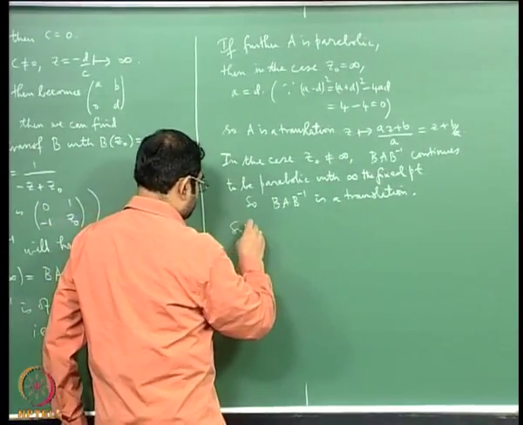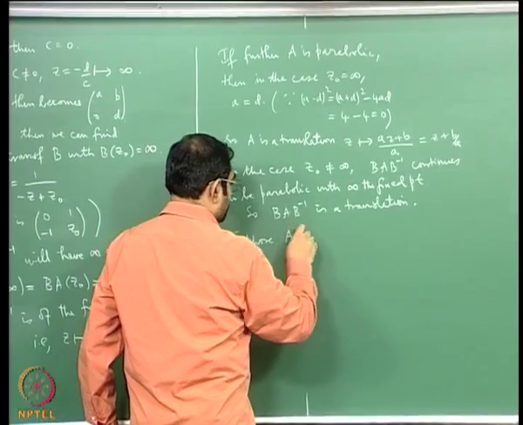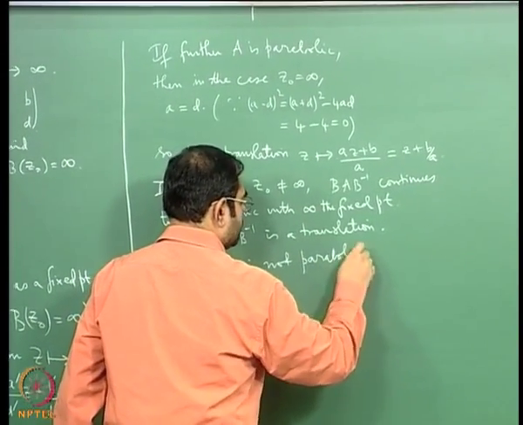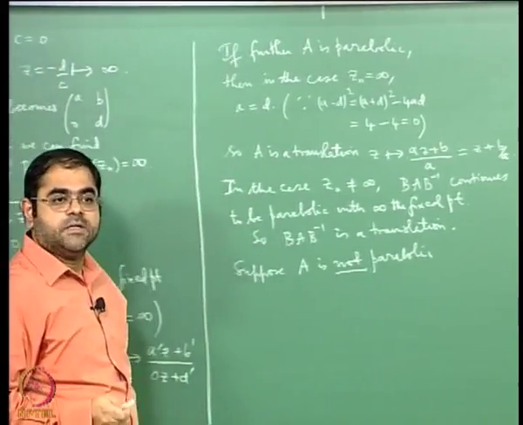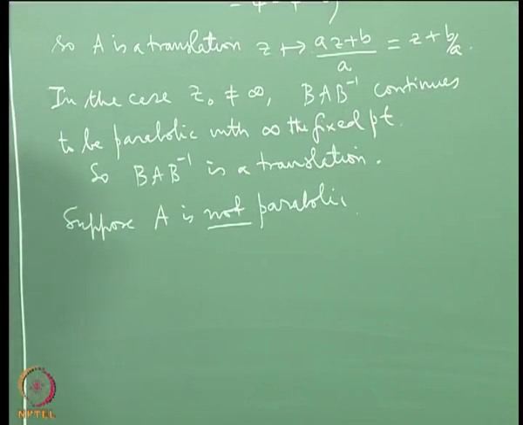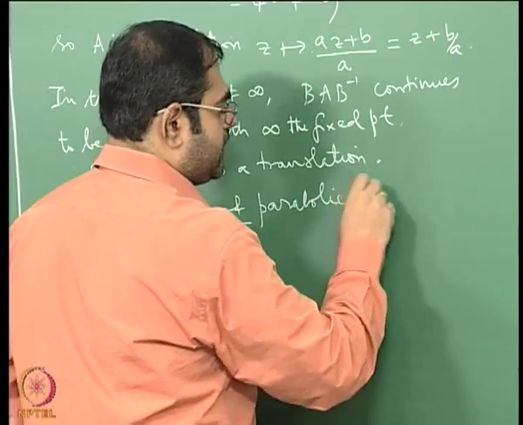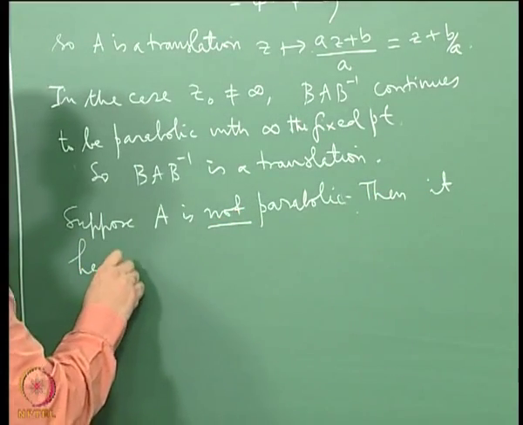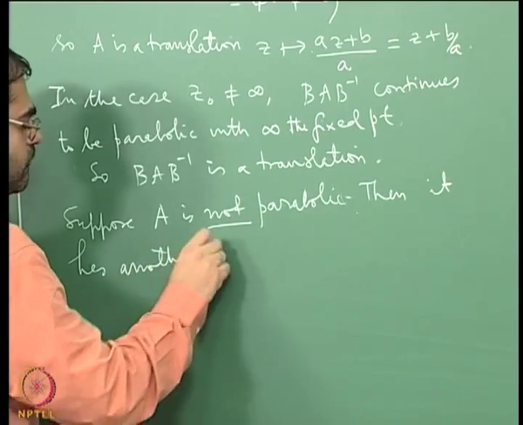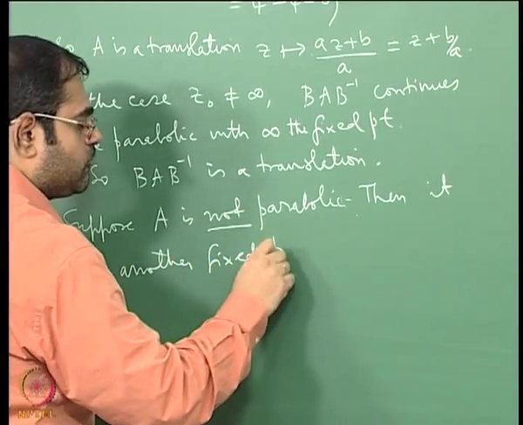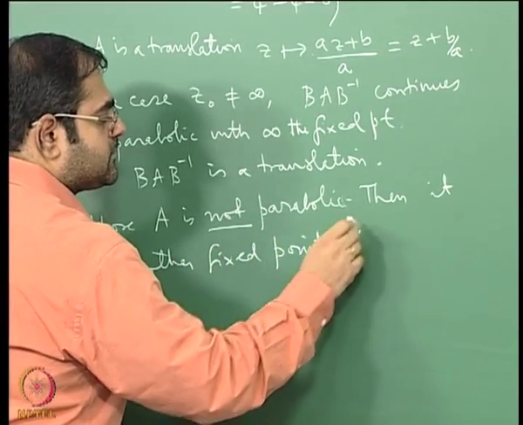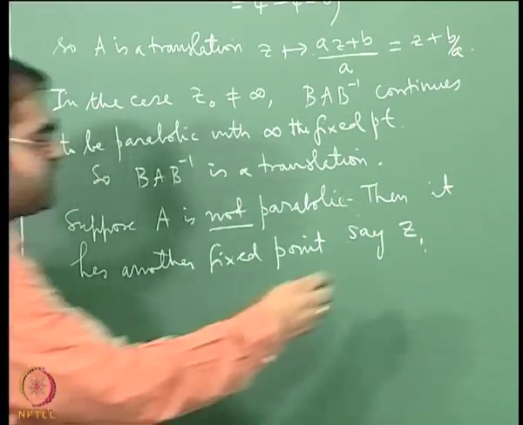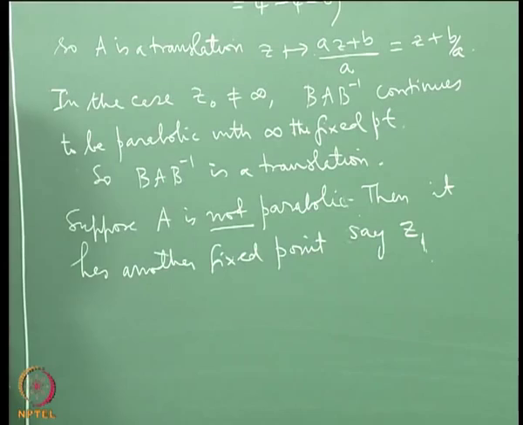Suppose A is not parabolic, so then it will have another fixed point, say Z1. So Z1 is another fixed point for A.